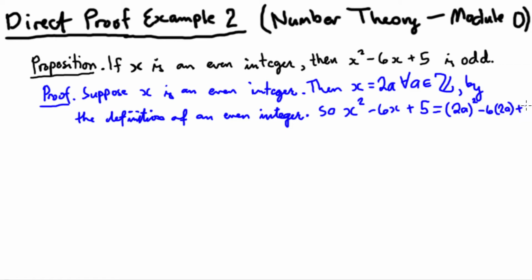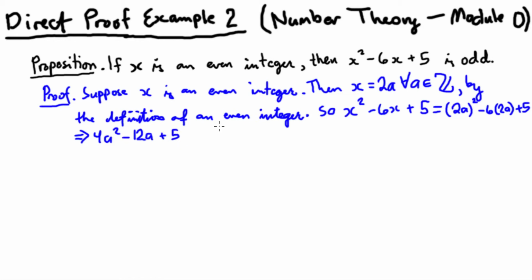Let's continue below. This becomes 4a squared minus 12a plus 5.